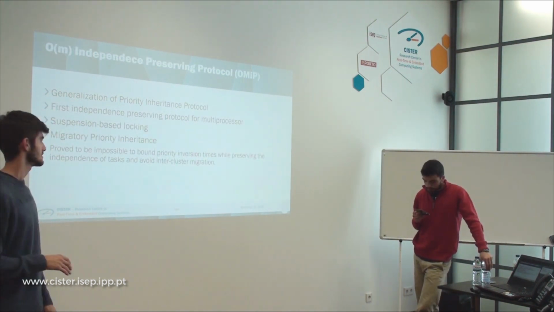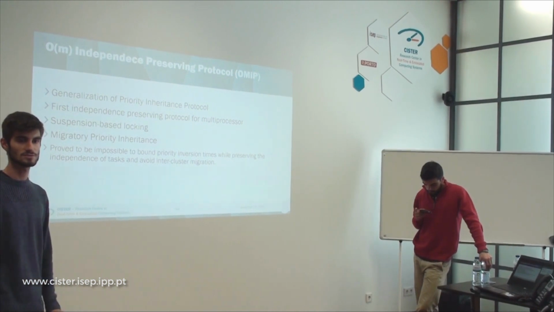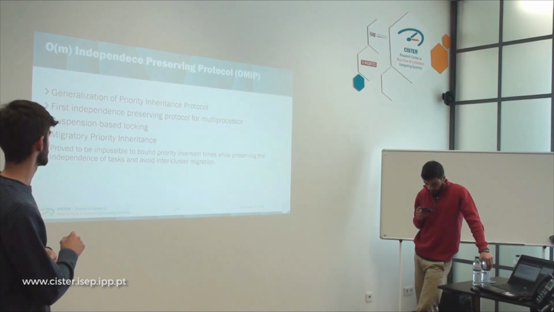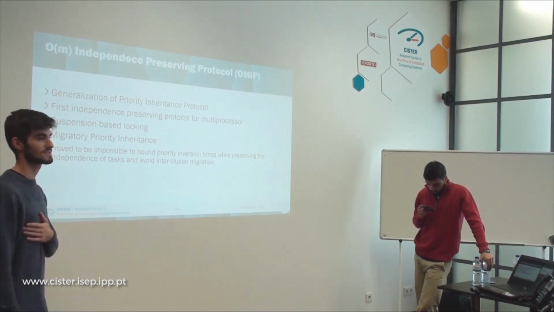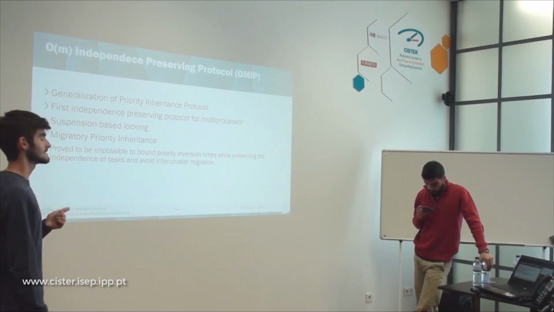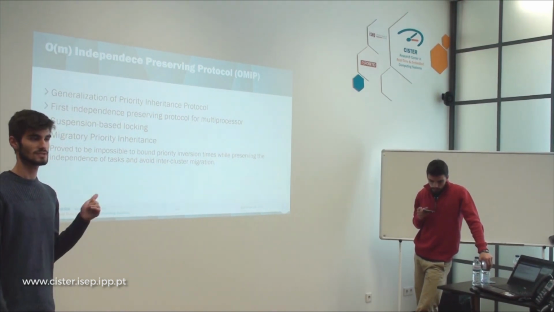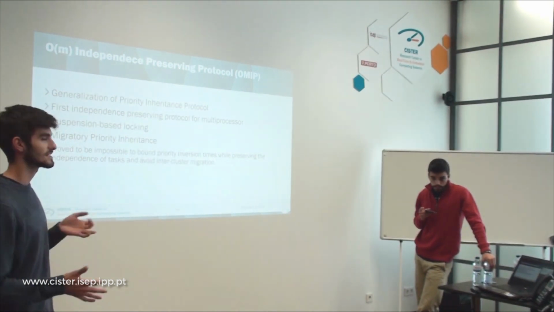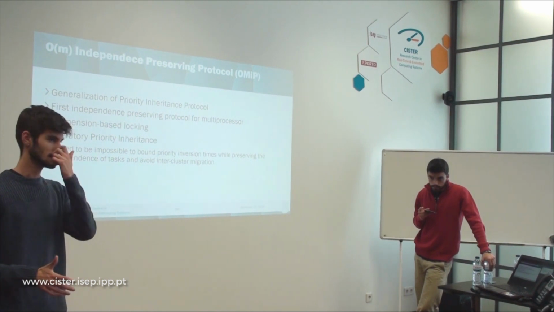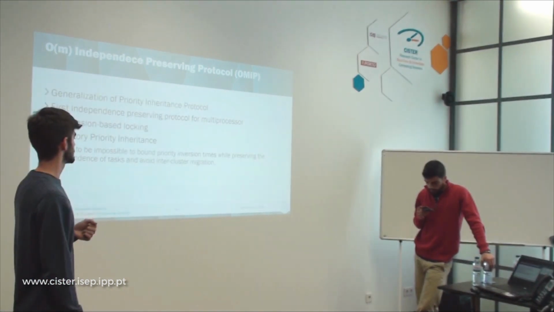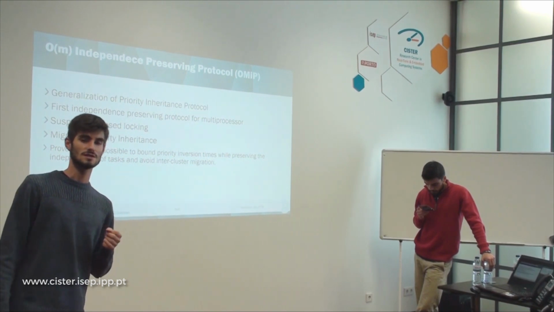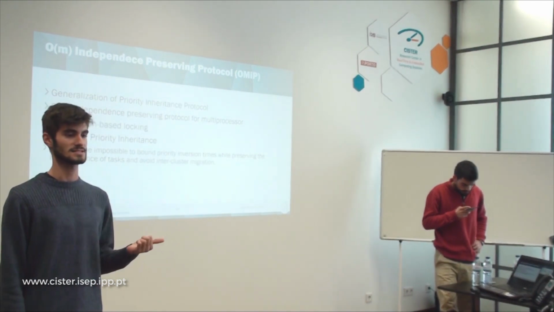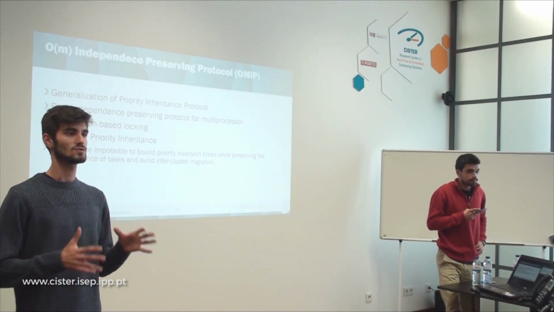FTMs also offer OMIP. Both of these locking protocols are not available to dynamic priority schedulers. This OMIP is a generalization of the priority inheritance. In this case, tasks don't have an active wait for the mutex. It's a different mechanism and a little bit more complex one to implement. The main idea of this protocol is that it provides a helping protocol like MRSP, but it works in a different way.